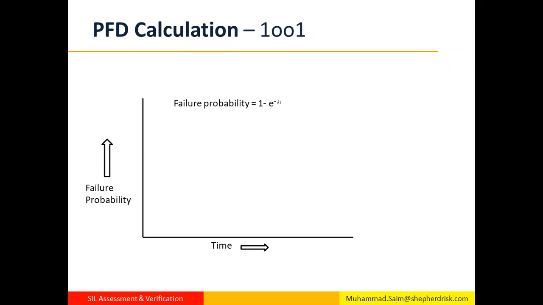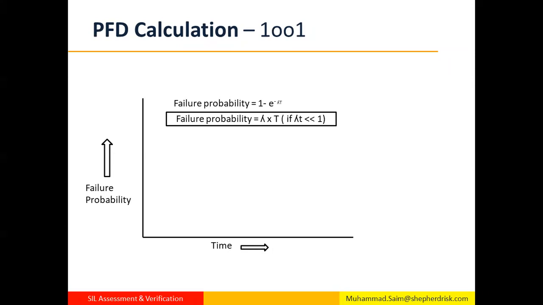The formula for the failure probability is 1 minus e to the power of minus lambda, that is the failure rate, times the time span. Now, normally lambda t is very, very small compared with 1.